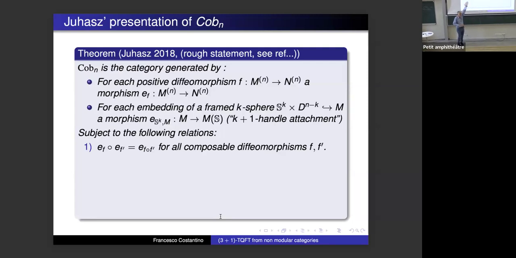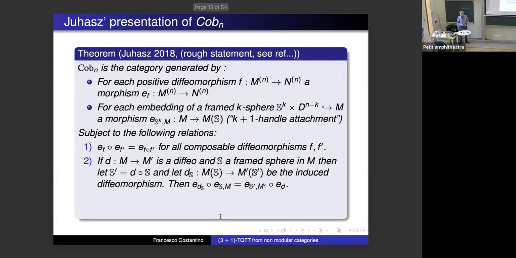So these are the generators, and now they are subject to relations. The first relation is an obvious one. If you have two composable diffeomorphisms, the composition of the arrows should be the arrow of the composition. There's a second one, which is the following. If you have two manifolds which are diffeomorphic by a diffeomorphism D, and you're gluing a handle on the first one, you expect that if you glue the handle on the second one the obvious way, you would get diffeomorphic manifolds, and that's what I'm writing here.